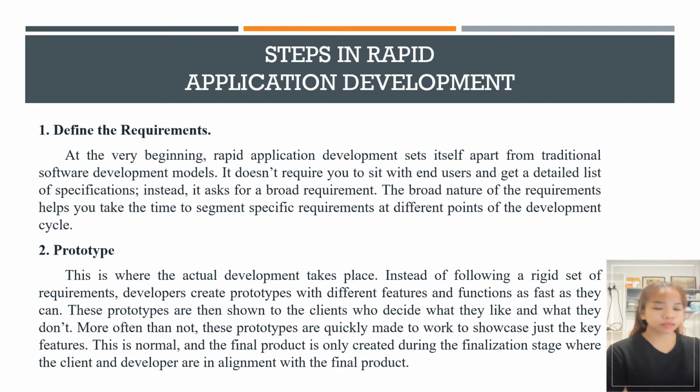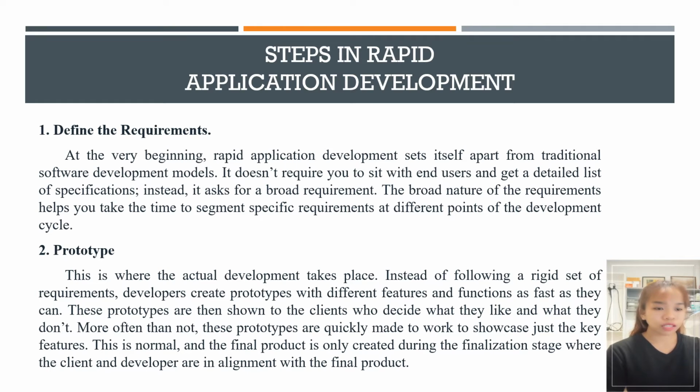Number two, prototype. This is where the actual development takes place. Instead of following a rigid set of requirements, developers create prototypes with different features and functions as fast as they can. These prototypes are then shown to the clients, who decide what they like and what they don't.